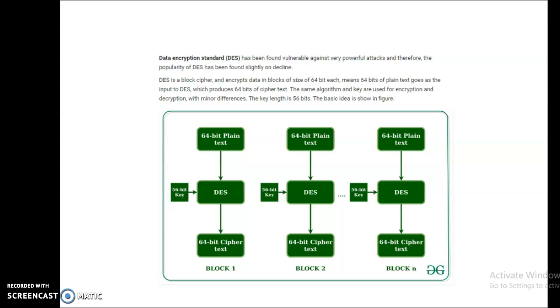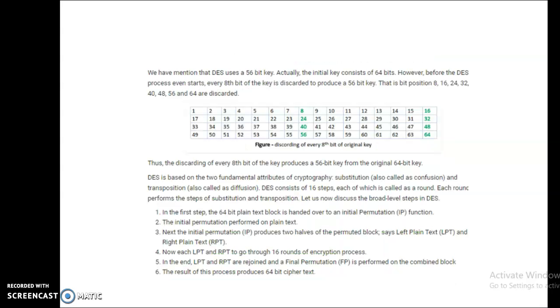So this is how the algorithm goes. We have mentioned that DES uses a 64-bit key, but what really happens is that initially a 64-bit key is given, and it is converted to 56 bits by removing the bit positions 8, 16, 24, 32, 40, 48, 56 and 64.